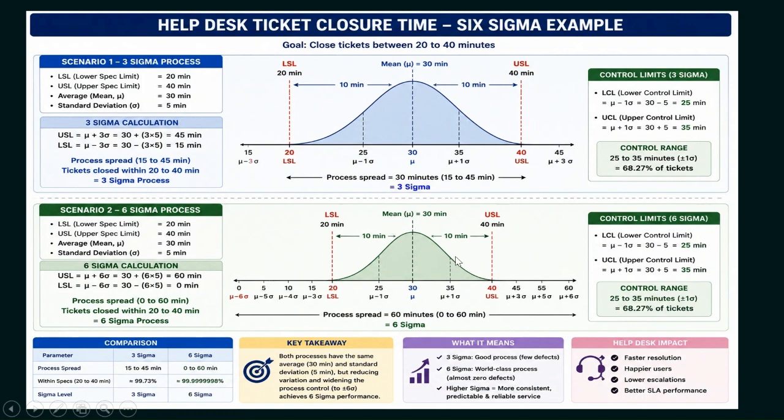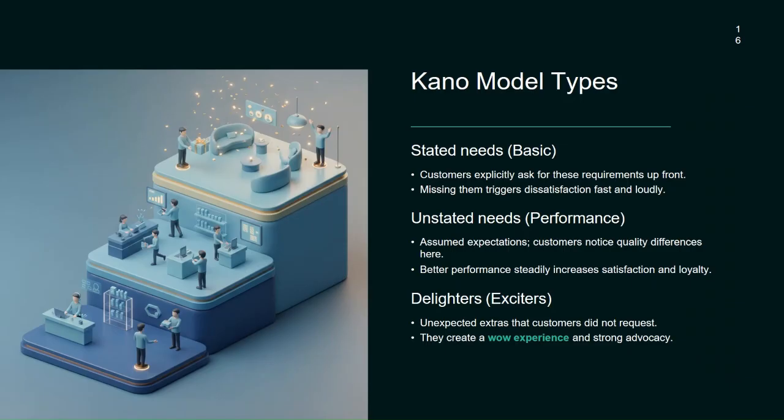You still have a higher chance of not making a mistake, which means you're doubly capable, and you will know that you're in a 6 sigma process. The process spread is 60 minutes, 0 to 60 minutes, but you always close between 20 and 40 minutes, so you're a 6 sigma process. Okay? Please look at my video, it will be easy to understand.